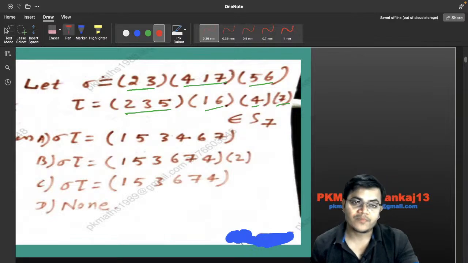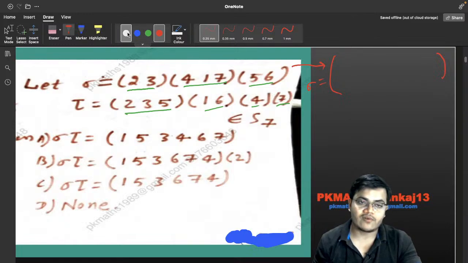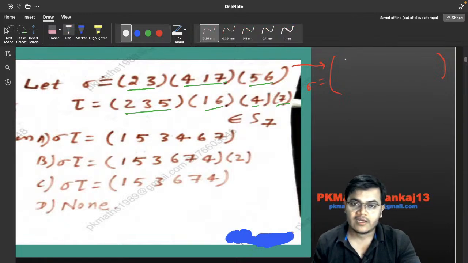First of all we will write sigma in two row representation, because after writing the permutation in two row representation it becomes easier to get the product. The elements of sigma are 1, 2, 3, 4, 5, 6 and 7.